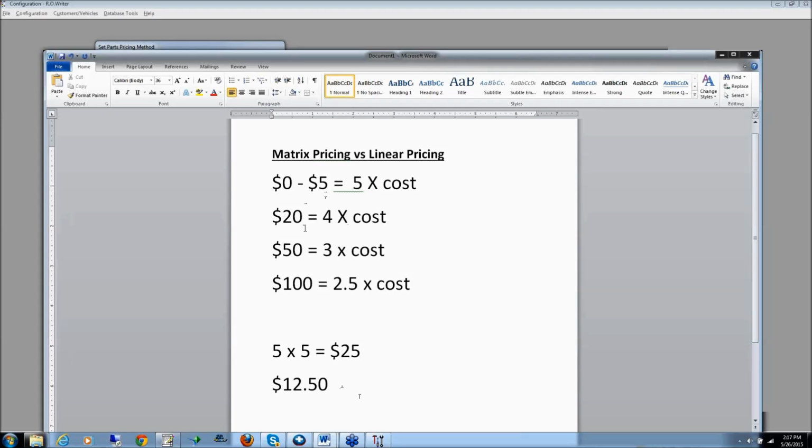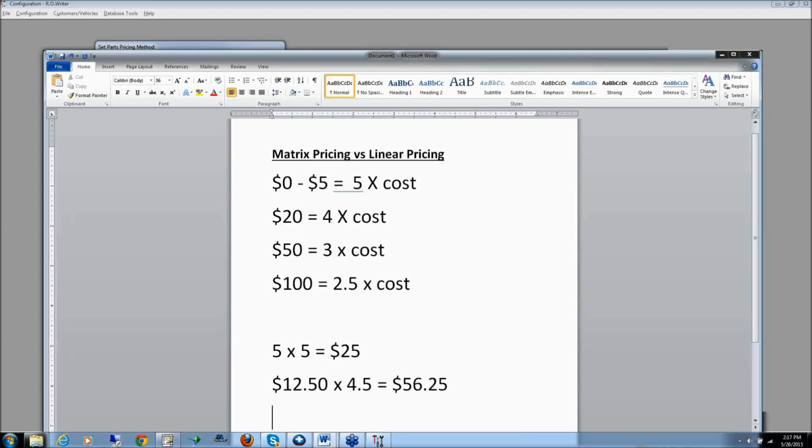The way that smart pricing or linear pricing works is it says, how far am I between this and this? Halfway between this number here and this number here becomes $12.50. Halfway between here and here would be 4.5. So we're going to multiply that times 4.5, which ends up equaling $56.25 as the selling price to the consumer.